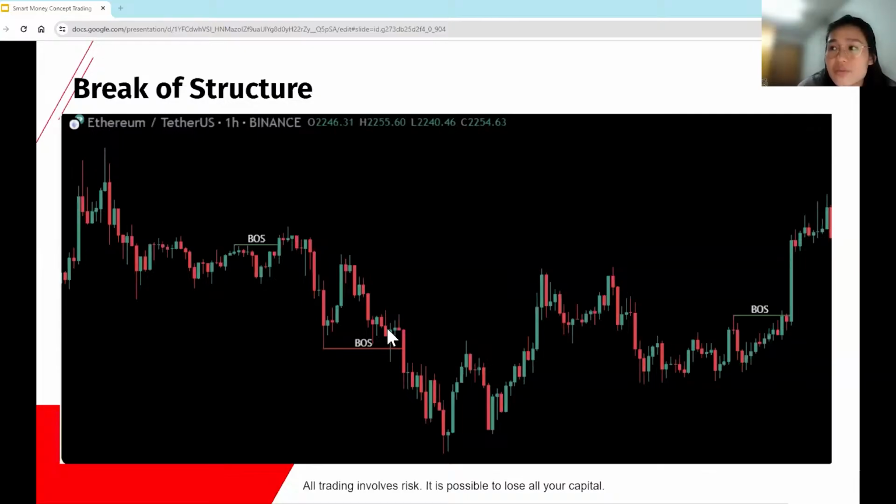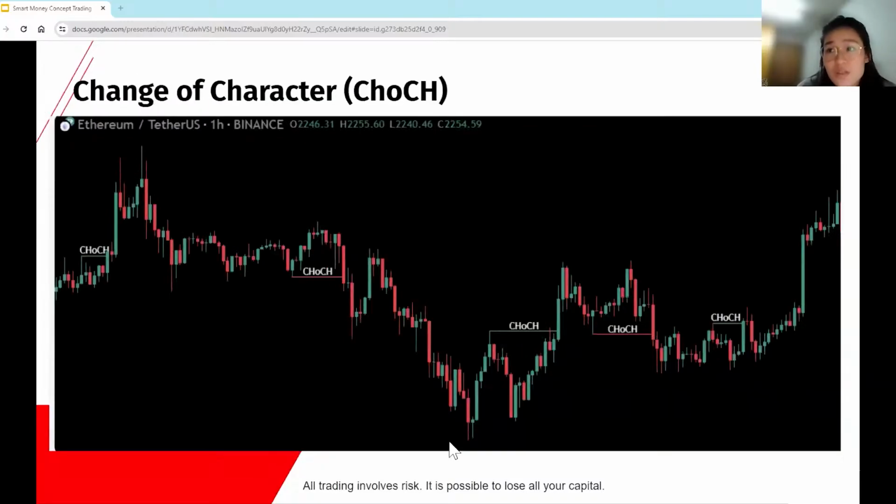If the price is moving downwards, like it is here, price breaks below the previous low, which is here, it shows that sellers are still in control and that the downward trend is to continue, which is what we see here.